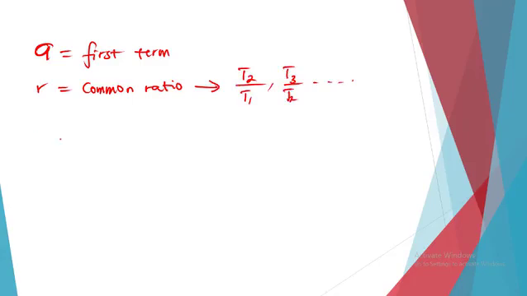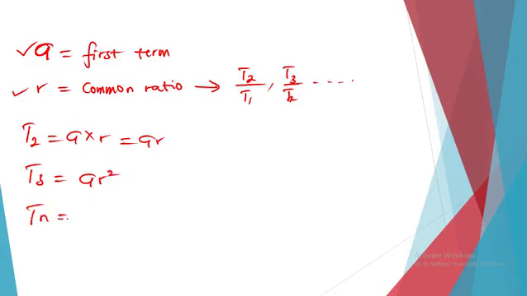To determine the second term when the first term and the common ratio are given, you multiply the first term by the common ratio, and that gives us ar. Our T3 is equal to ar squared, and our Tn is equal to ar raised to the power n minus 1.